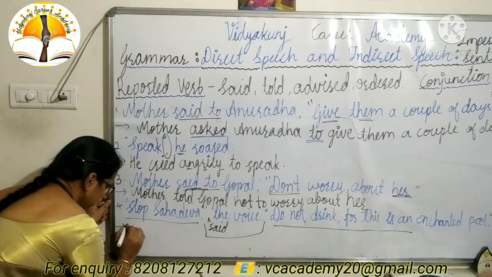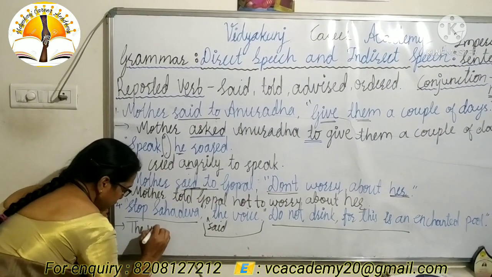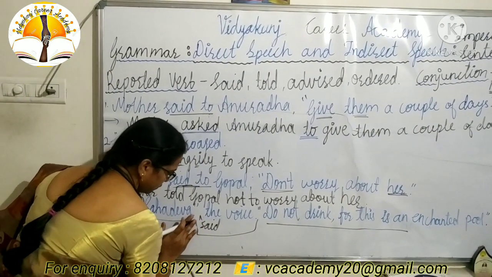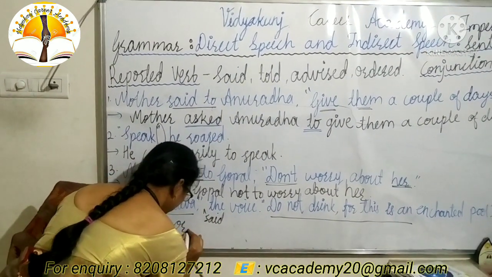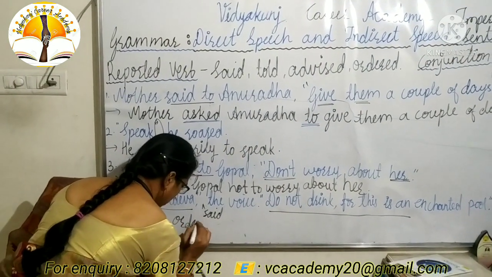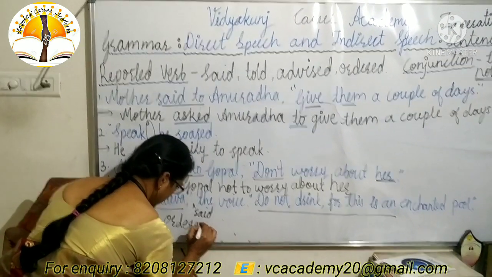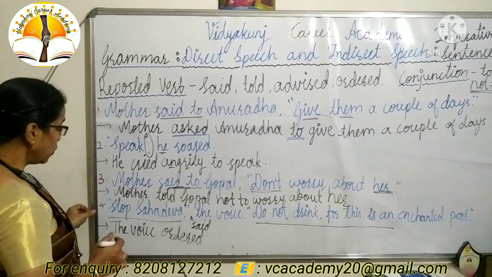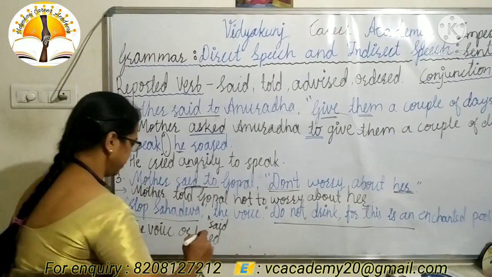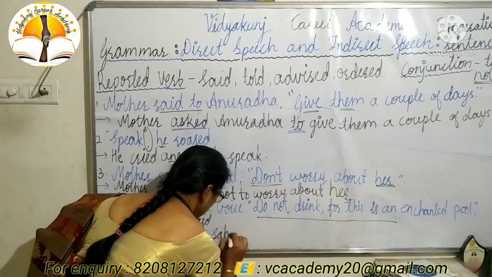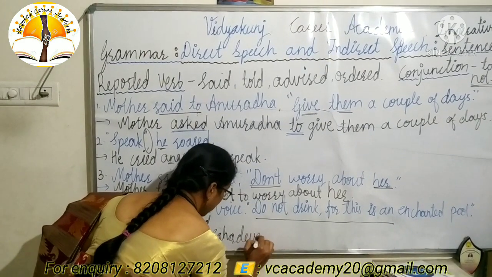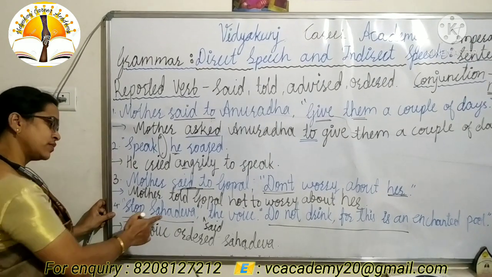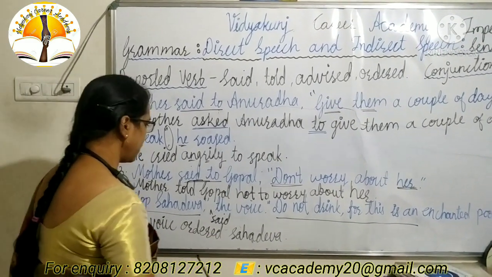The voice, I will use ordered. The voice ordered whom? Sahadeva. First of all, we have to understand the sentence, then you can write. Stop Sahadeva means to whom? Sahadeva. The voice ordered Sahadeva.